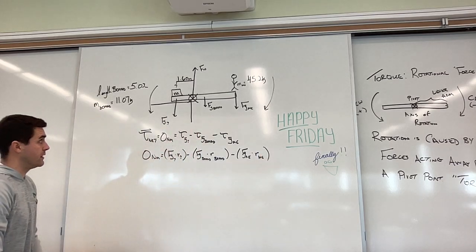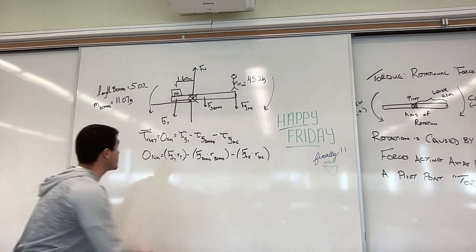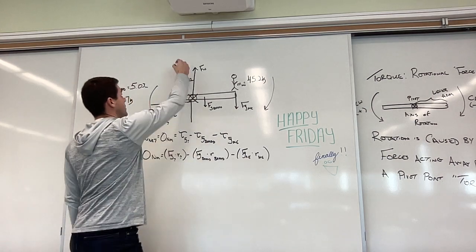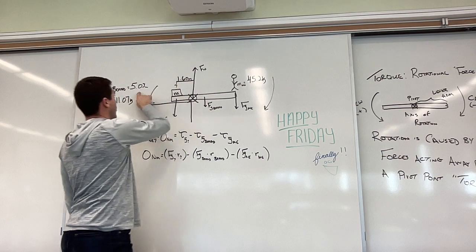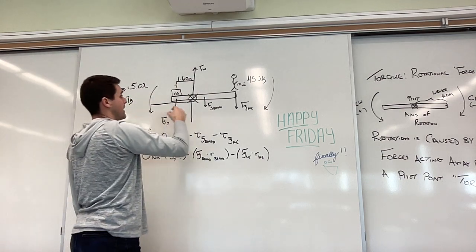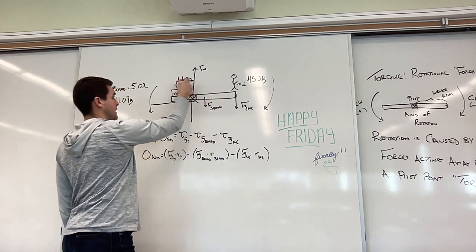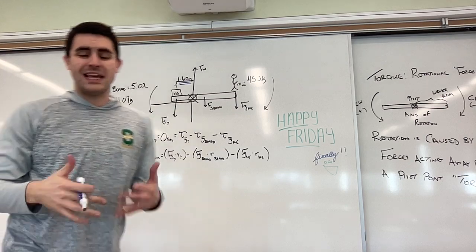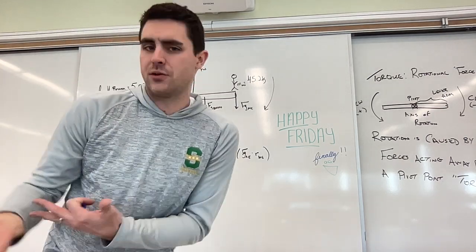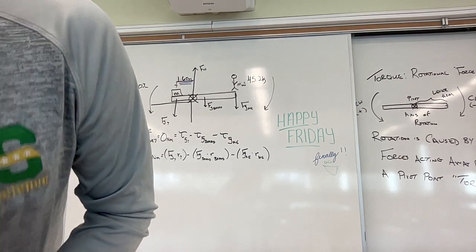These are all things that we need to take into account. So let's label some things. I know that the whole board is 5.03. So because of that, I can figure out the length to me. Here's the length on the left side of the pivot. The length on the right side of the pivot is 5.03 minus 1.6, and we end up with 3.43.